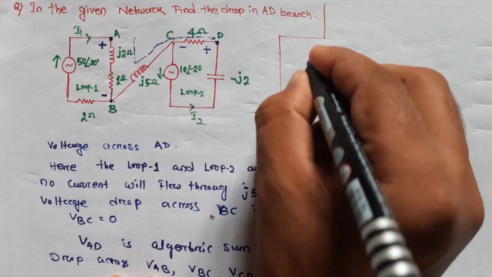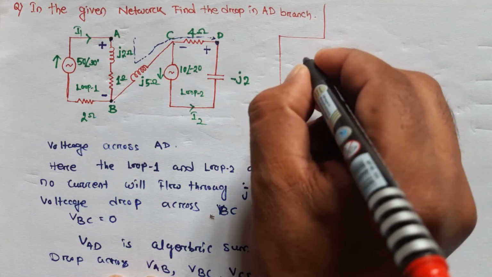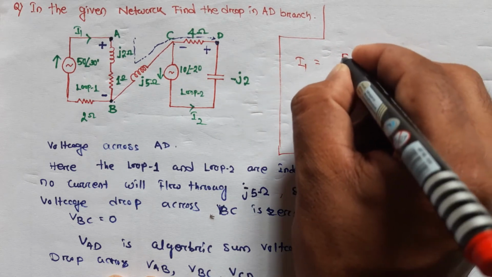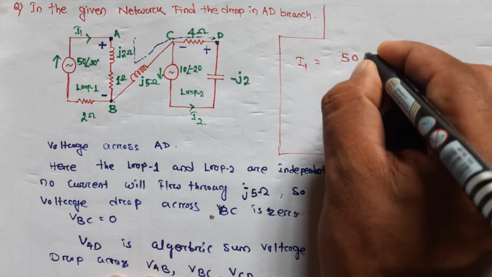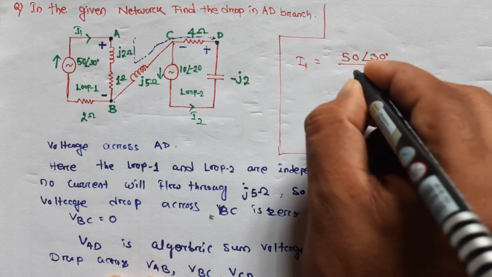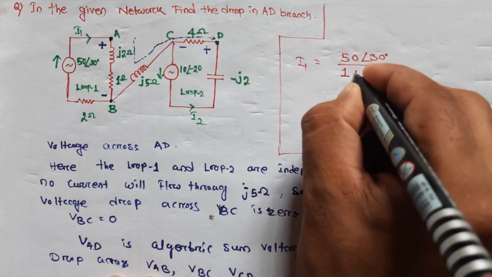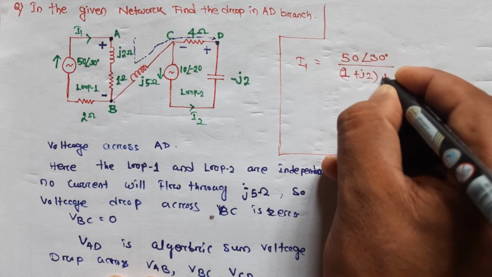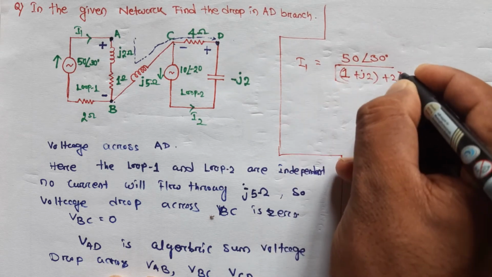So I1 is equal to 50 angle 30 divided by 1 plus j2 plus 2.